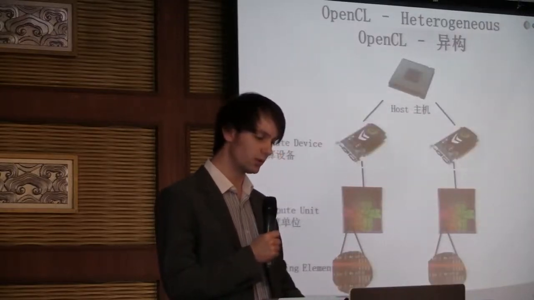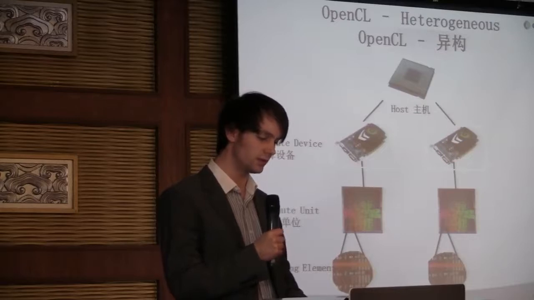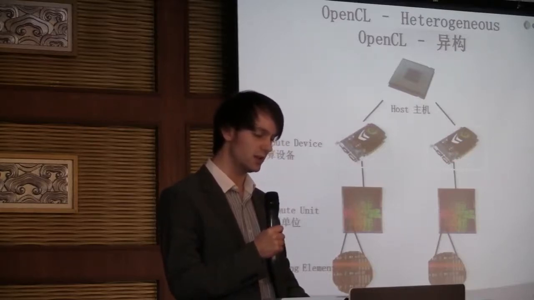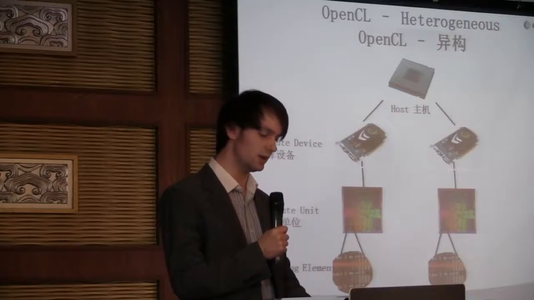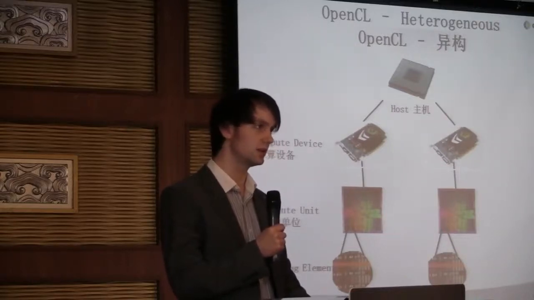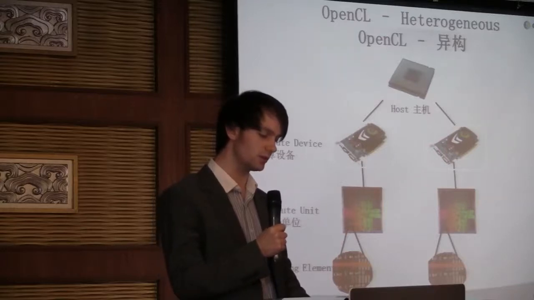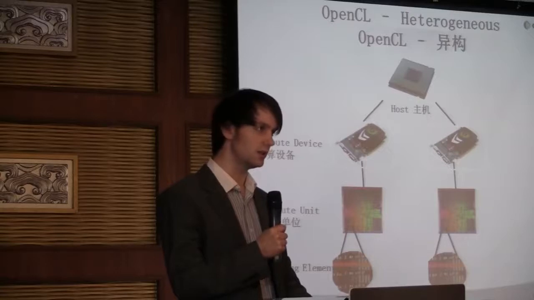OpenCL can be broken up into three components. The first component on the OpenCL device is the device itself. The device can consist of more than one compute unit, and the compute units can consist of more than one processing element. Your device and the compute units and the processing elements are separate from the host.